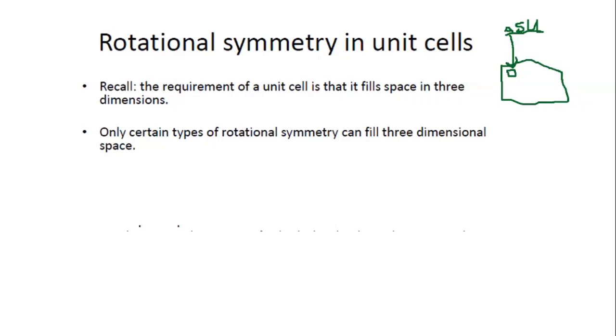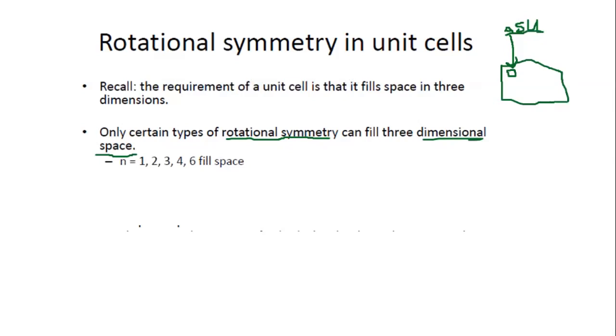Now with crystallographic symmetry, there are only certain types of rotational symmetry that can fill 3-dimensional space. So not every type of rotation is allowed in crystallographic symmetry. Only these types of rotations can fill 3-dimensional space. Notice there's no 5-fold or 7-fold or 8-fold rotation.